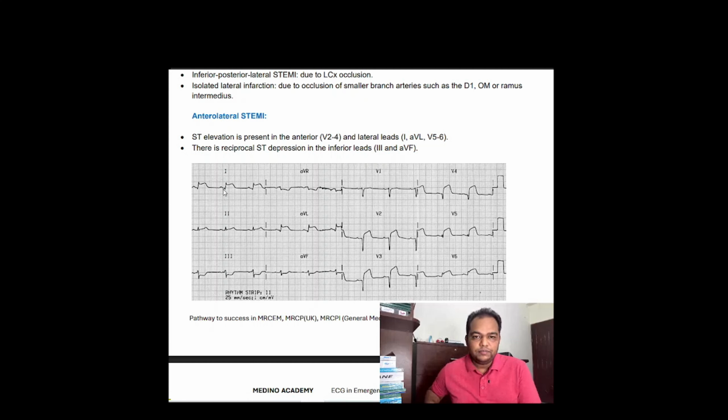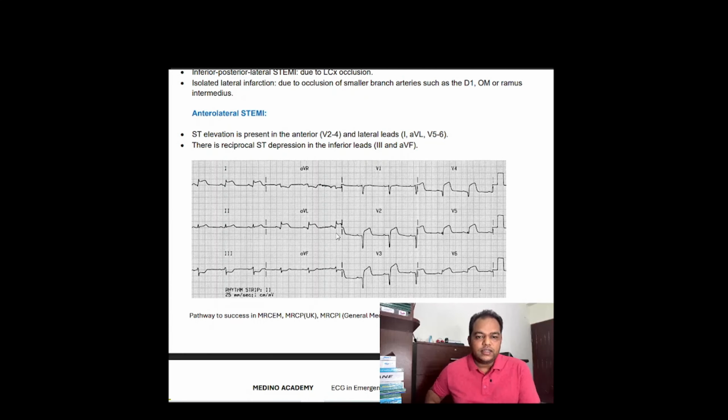There is also ST elevation in lead 1 and lead AVL. So there is anterior wall ST elevation and also lateral wall ST elevation. So the summation is anterolateral ST elevated MI.